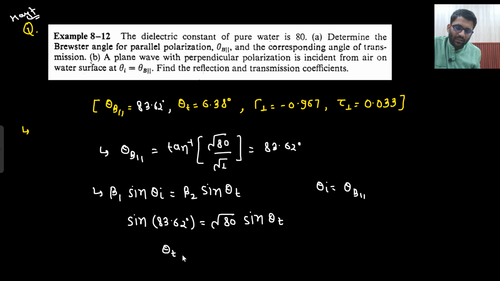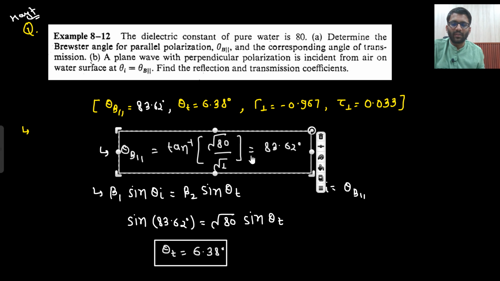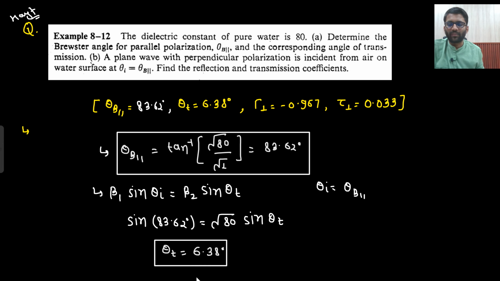I take the sine of it, divide by root 80, then take the sine inverse. So 6.38, yes, this is correct, 6.38 degree. This is the first one, only formula based question.